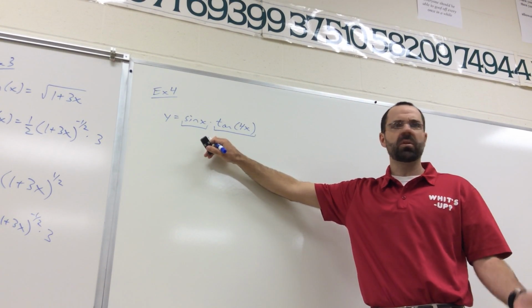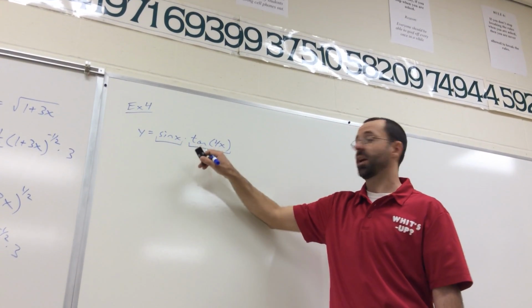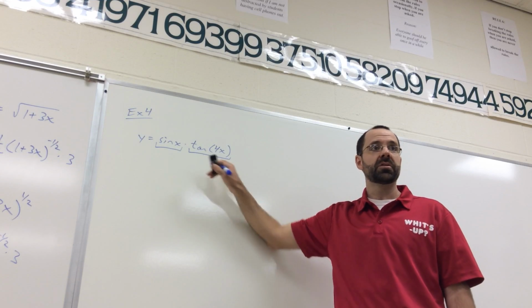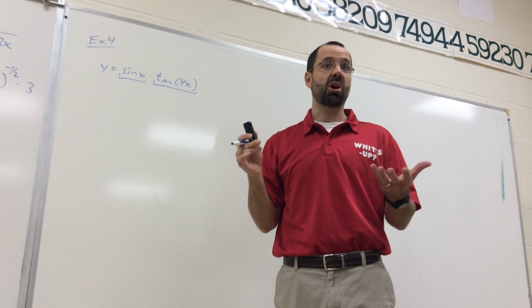So if you did this problem with a number, the last thing you would do is you would take that number times that number after you figured out the sine and the tangent. So because the multiplication is last, this is mainly product rule.